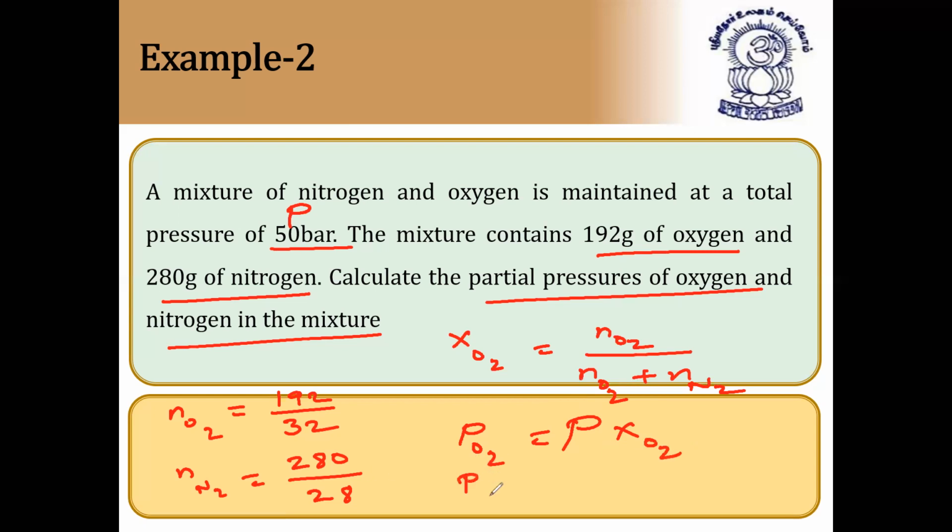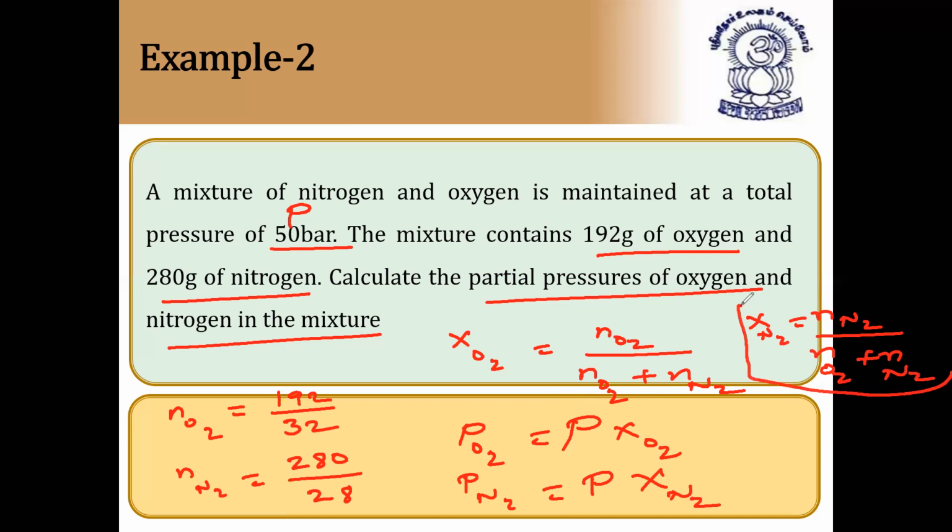Similarly, partial pressure of nitrogen is equal to total pressure into the mole fraction of nitrogen. How to find the mole fraction of nitrogen? Mole fraction of nitrogen is equal to the number of moles of nitrogen by the number of moles of oxygen plus the number of moles of nitrogen gas.